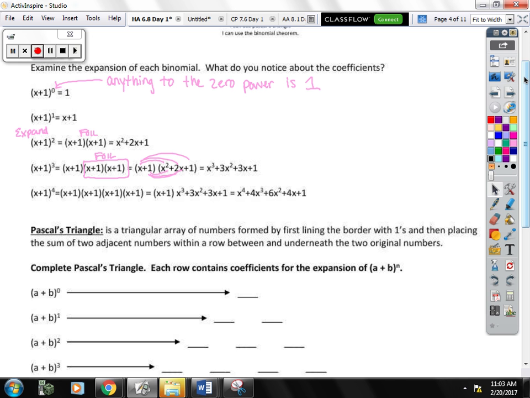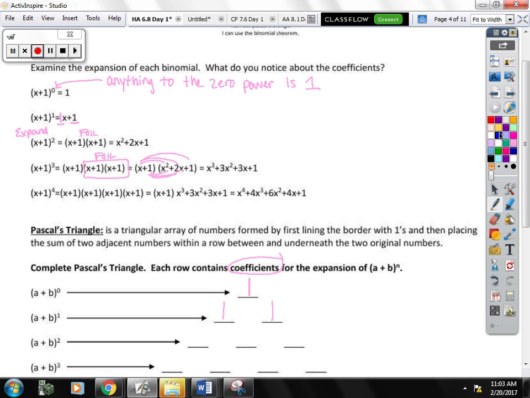Okay, so Pascal's triangle is a triangular array of numbers with the coefficients of the binomial expansion. Again, anything to the 0 power is going to be 1. And we are only looking at the coefficients for the expansion. So looking at what we had for x plus 1, this was really 1x plus 1. So we would have 1 as our coefficient, 1 as our constant.